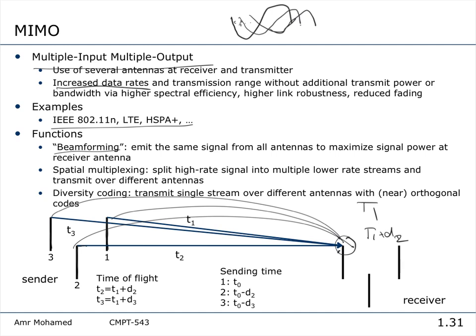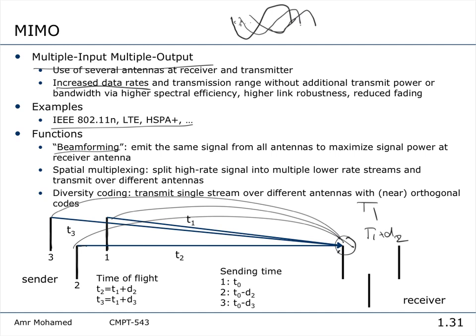Is there a guarantee that this will happen? Yes, I can estimate that, because somehow this is fixed. Why? Because the distance is fixed. Well, the distance is not fixed between the sender and the receiver. I'm talking about the distance between each antenna and the other antenna at the receiver, the distances between the antennas.